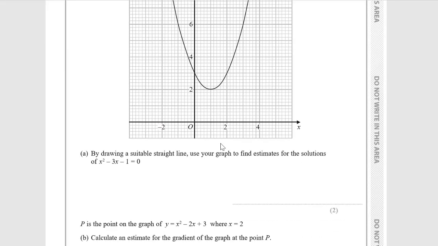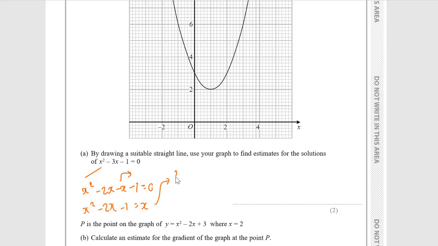So if we take this equation here, and split our equation, x squared minus 2x minus x minus 1 equals 0. We take this to the other side, x squared minus 2x minus 1 equals x, and then we do the same thing with the minus 1.